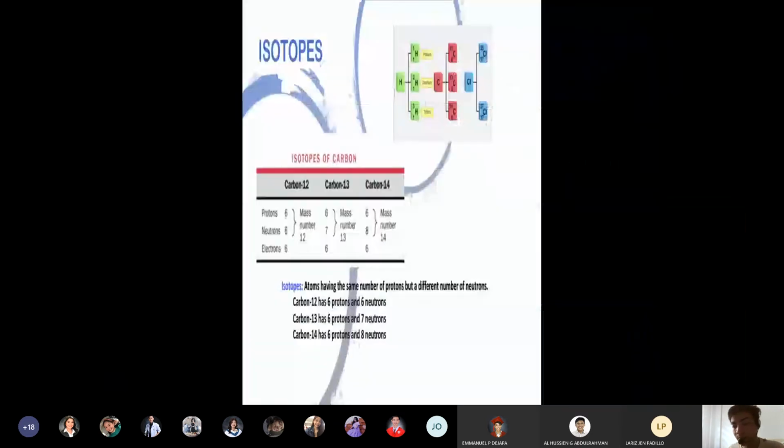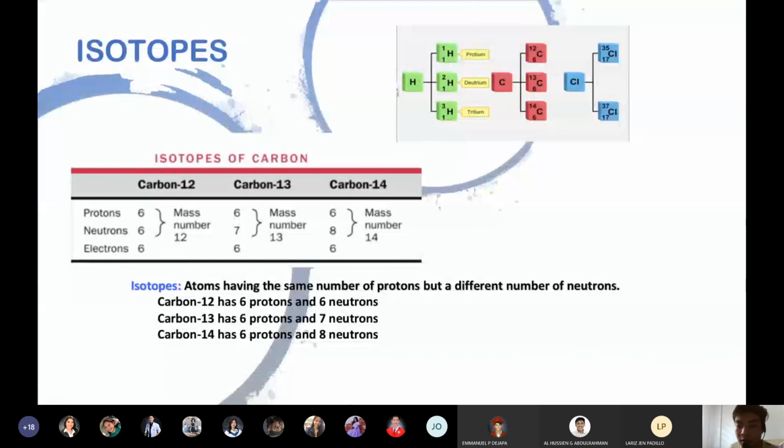Kasi ganito. In reality, there are a bunch of different types of elements, pero same element sila. Kumbaga, maraming version yung isang element, no? And we call them the isotopes, no? So, what are the isotopes? Isotopes are atoms of the same element, but they differ in their mass number, or they differ in the number of neutrons, no?